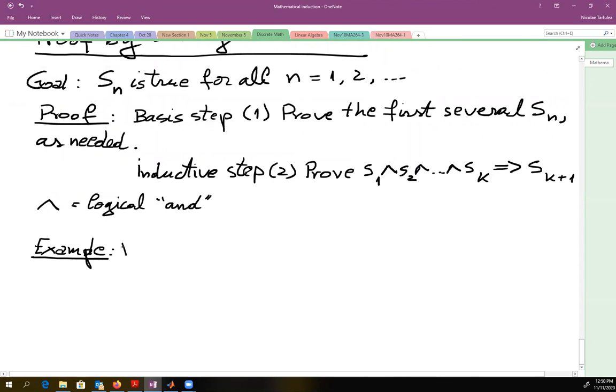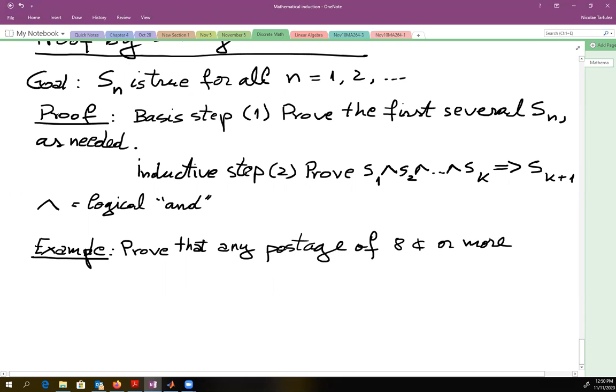So let's prove that any postage of 8 cents or more is possible using 3 cents and 5 cents stamps.